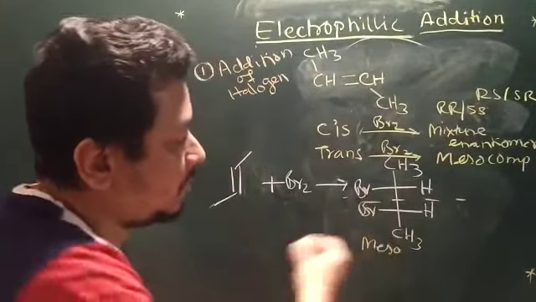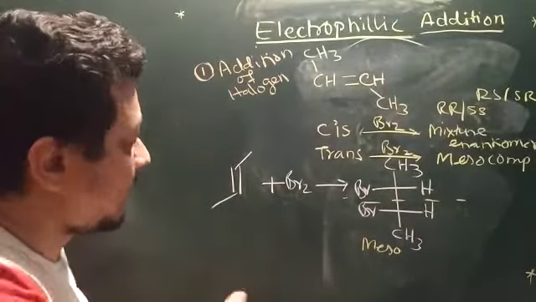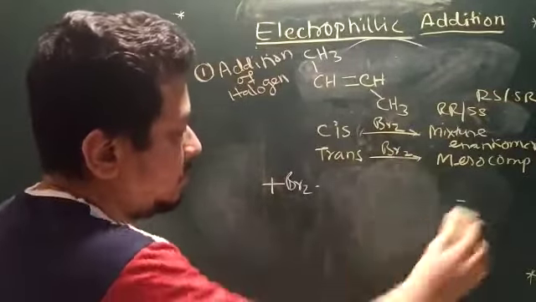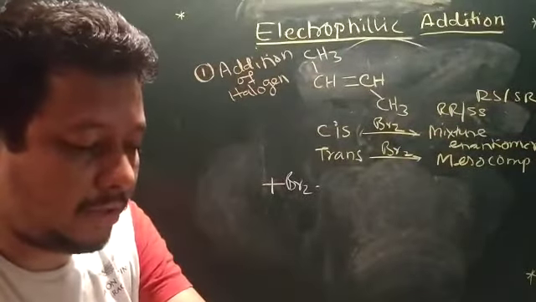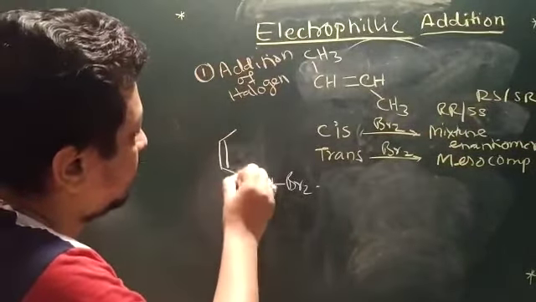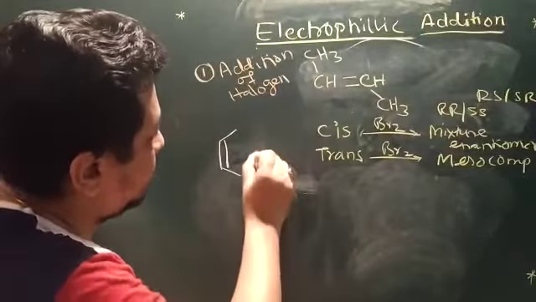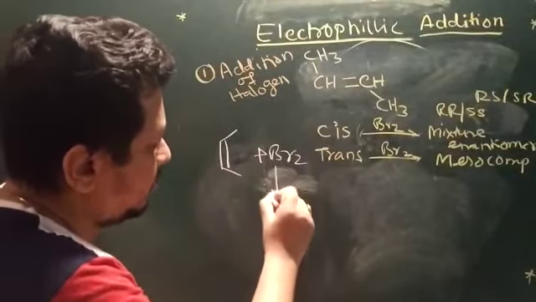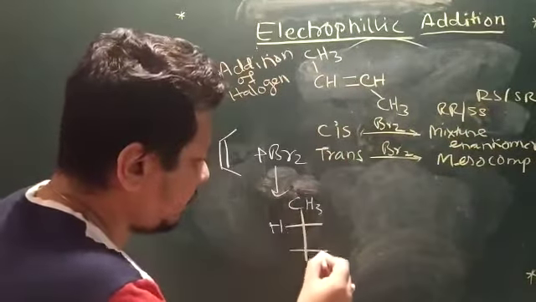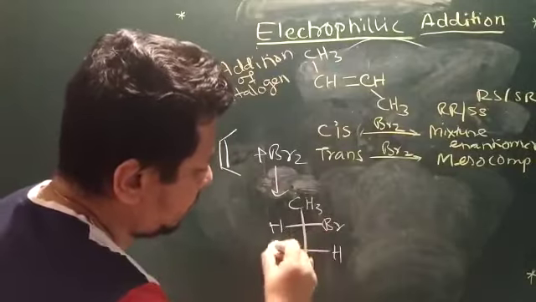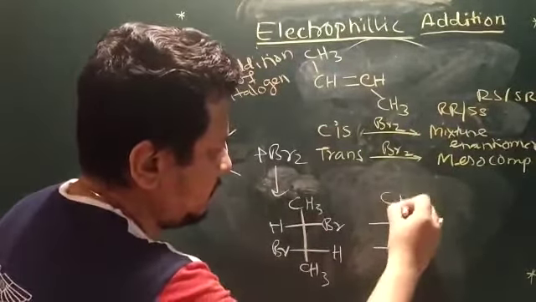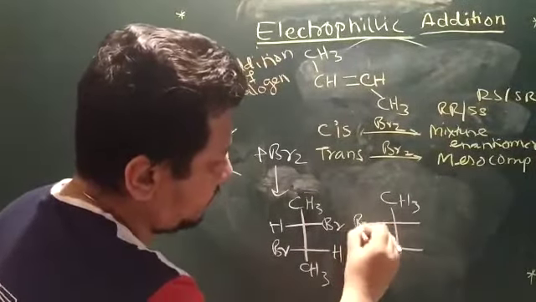But if we would have taken the cis isomer, then the reaction proceeds differently. The cis plus bromination Br2, we would have got a mixture of isomers, with CH3 and CH3 and the Br placed over here.